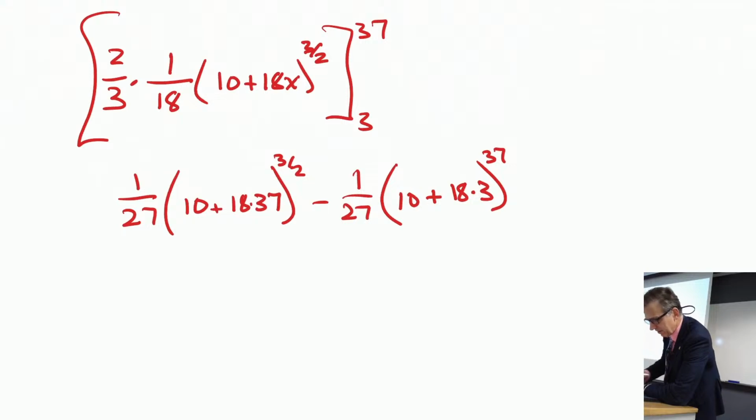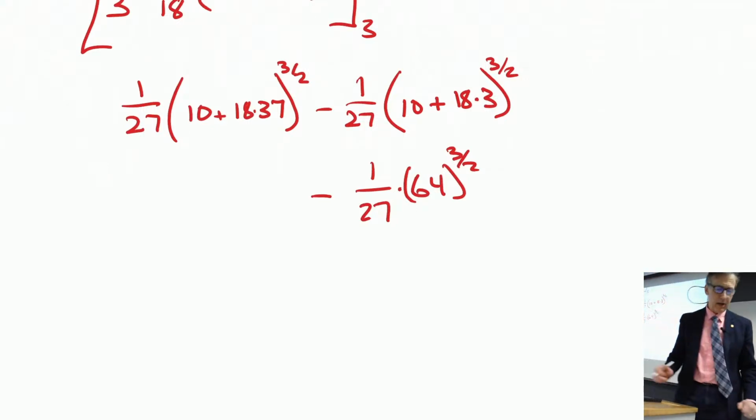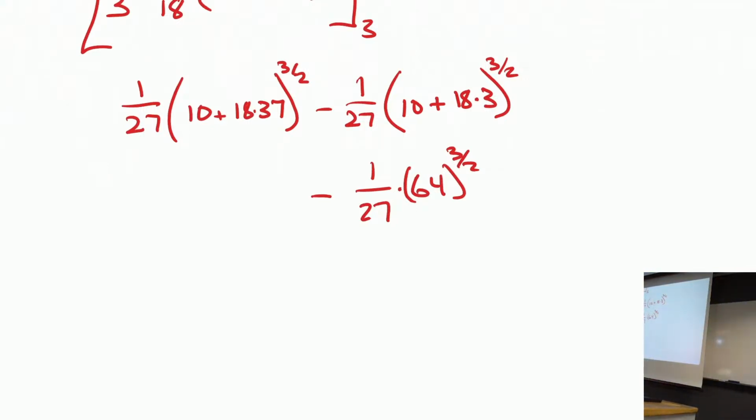So that's 64. Whoops, I don't know why I put a 37 up there. So that's 64. Interesting. And 64 is a perfect square. I wonder if the other number is a perfect square as well. Let me find my calculator. Put it over here.